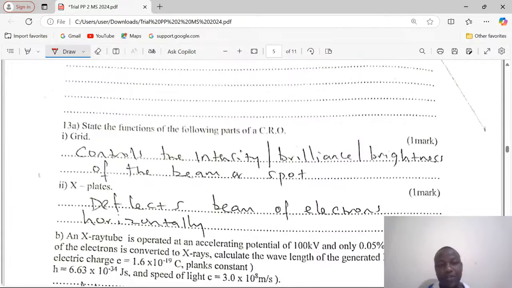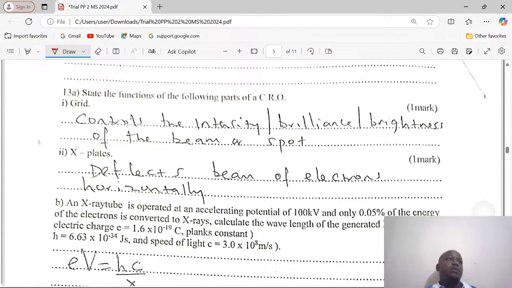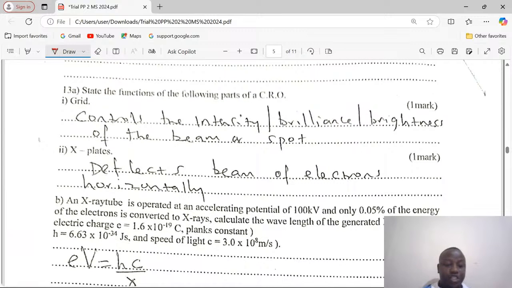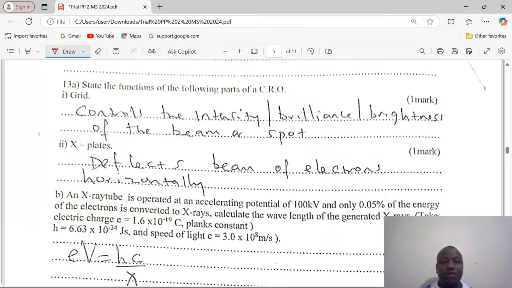We can look at a question here from the cathode rays and the cathode ray tube. The question says, state the function of the following parts of the CRO, cathode ray oscilloscope.